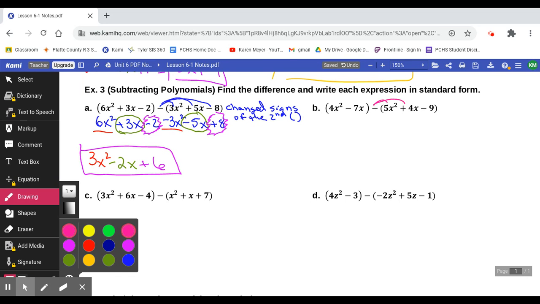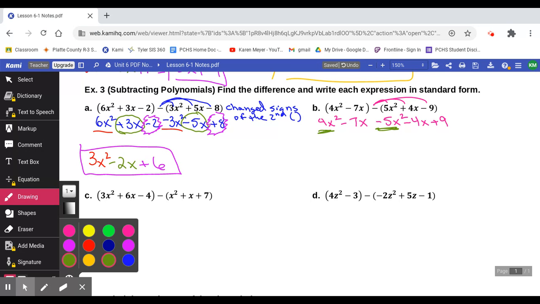So distribute your negative sign. So that's going to change the signs in the second parentheses. So negative 5x squared minus 4x plus 9. Leave the first parentheses the same. 4x squared minus 7x. Now combine like terms. So 4x squared minus 5x squared.